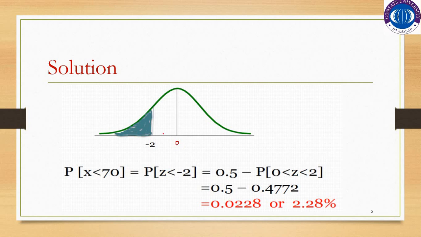But the problem is, the table is giving us the probability or area from mean to some specific value. That is, your table will give us value from mean to minus 2, but it will not give you value less than minus 2. So what will you do? As you know, you can find out the area between 0 and minus 2 from the table.